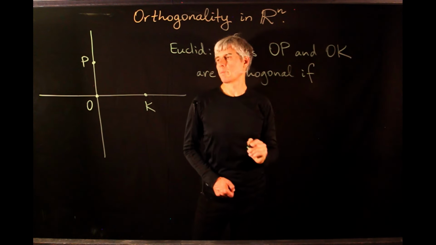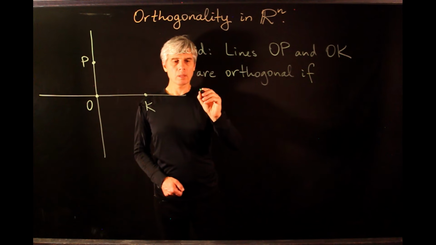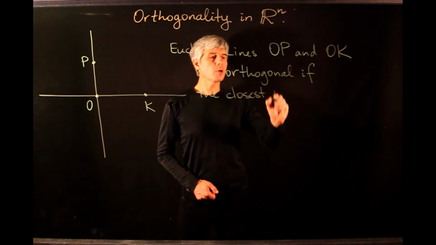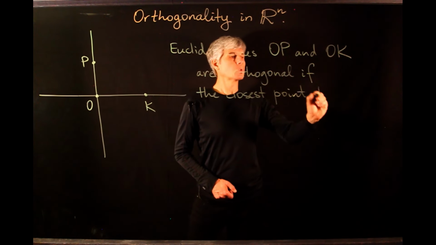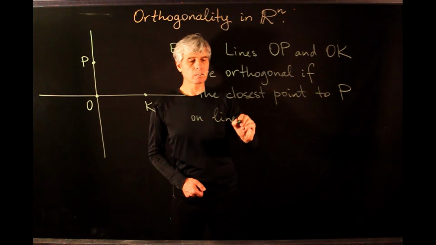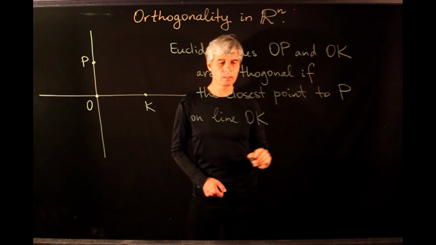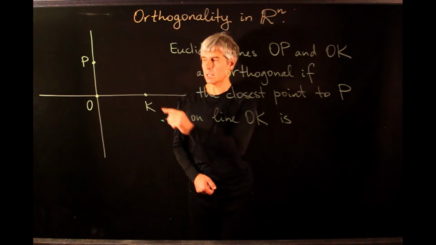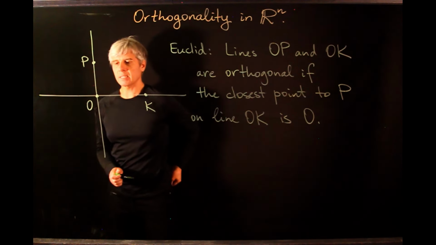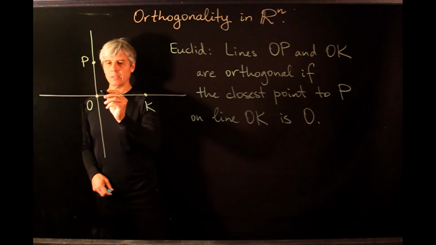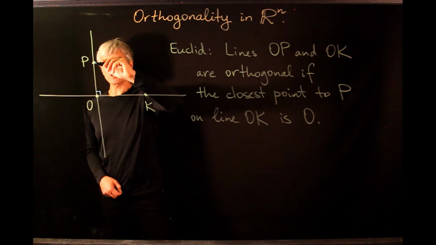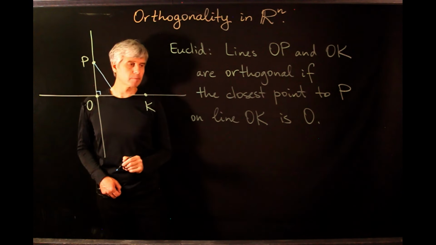if the closest point to P on line OK is the intersection point O. So this basically means that if we have a perpendicular here, then this perpendicular is shorter than any slant here.